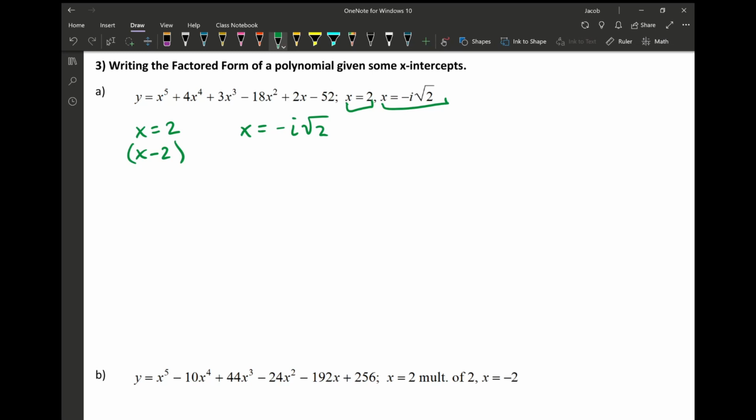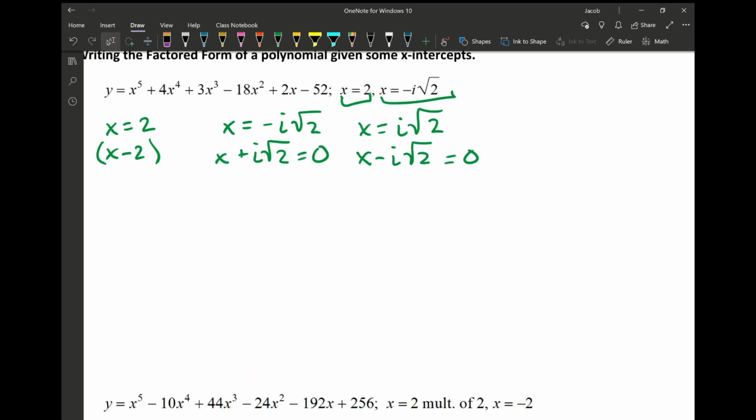If you're not quite sure how to turn this into a factor, well, first of all, we know that the positive one is also a zero of this polynomial because it's a conjugate pair. x plus i radical 2 and x minus i radical 2 are both zeros.